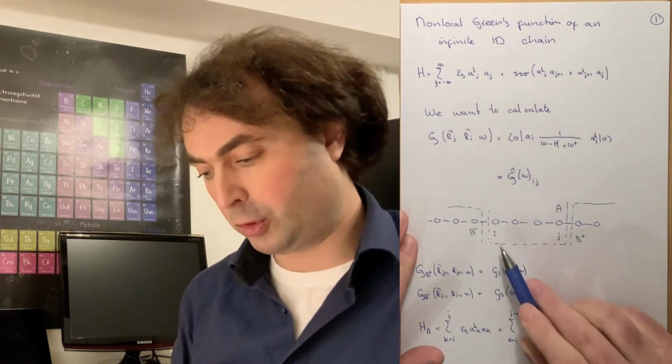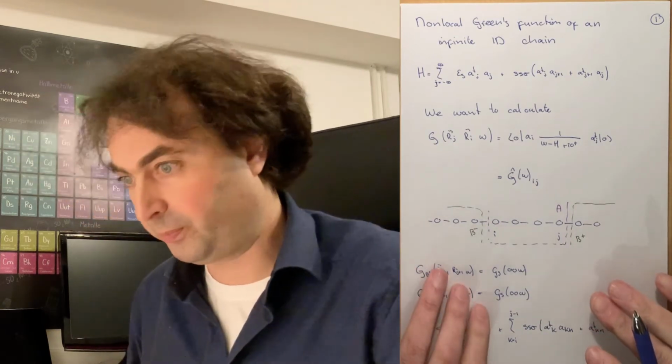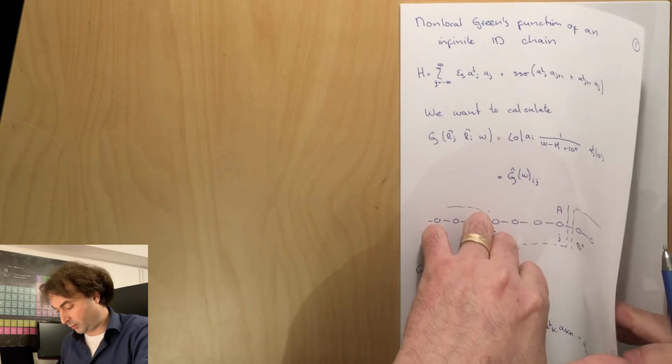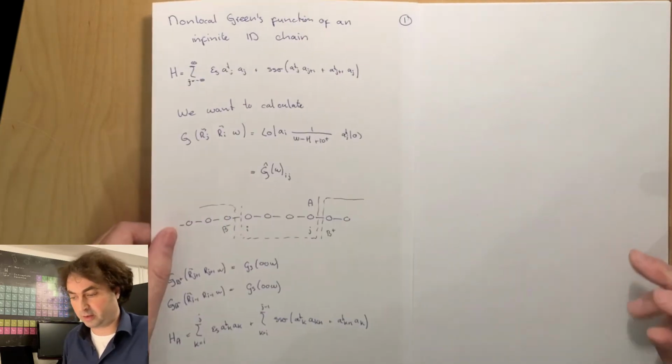And in all this we have assumed that i is smaller than j. We can easily do the same in the other case.